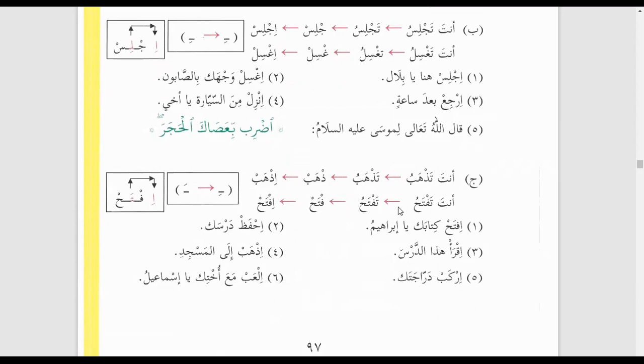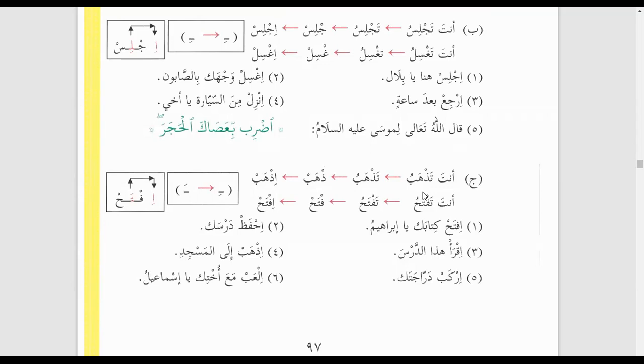Okay, now next we have tadhabu. So what pattern is this now? We have done nasara yansuru, daraba yadribu, and this one is dhahaba yadhabu, like fataha yaftahu. The Sheikh is following the ones that are most commonly used, which is nasara yansuru.